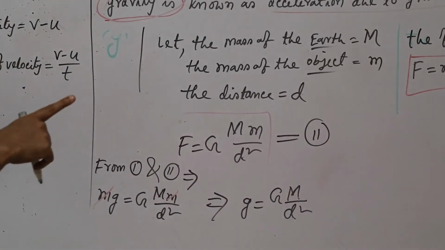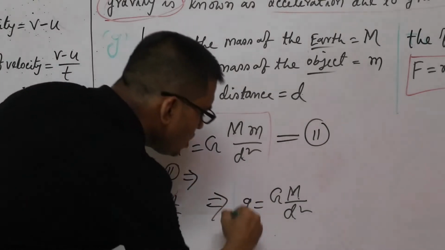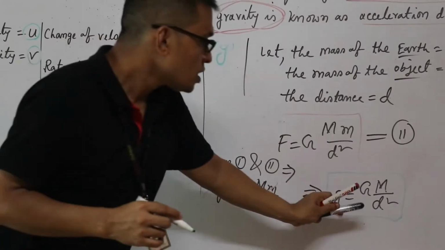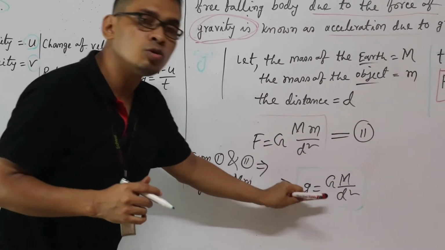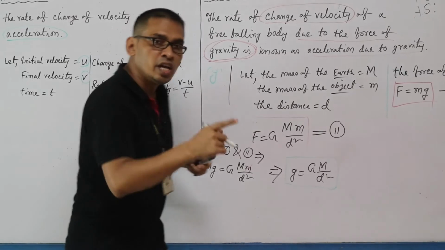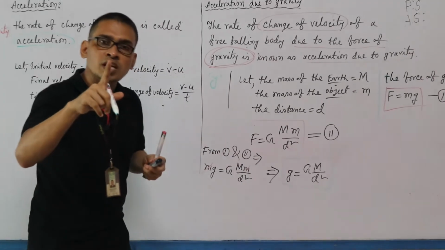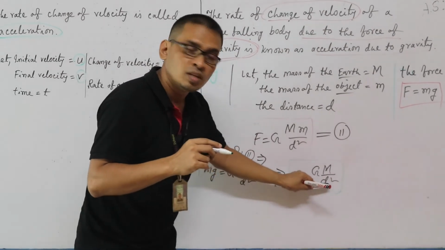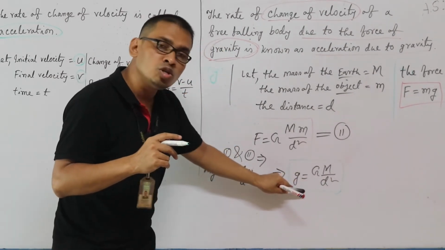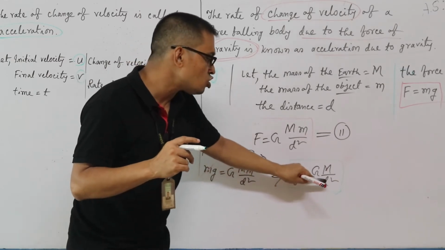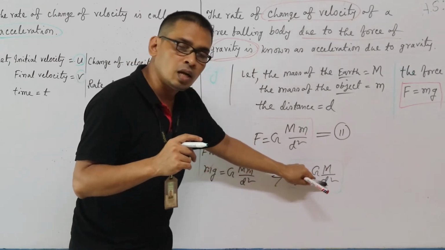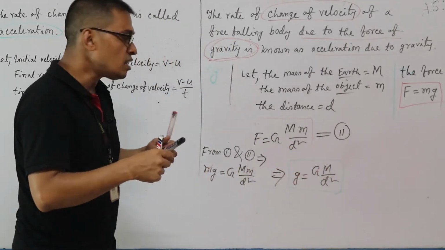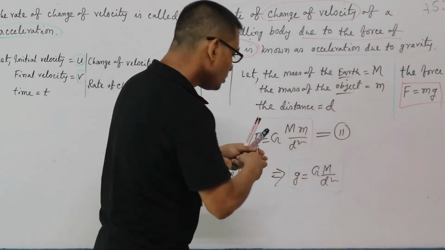From this equation we can explain that g, that means acceleration due to gravity, does not depend on the mass of the object that will be attracted by the earth. So acceleration due to gravity always depends on the universal gravitational constant, the mass of earth, and the distance between the earth and the object.